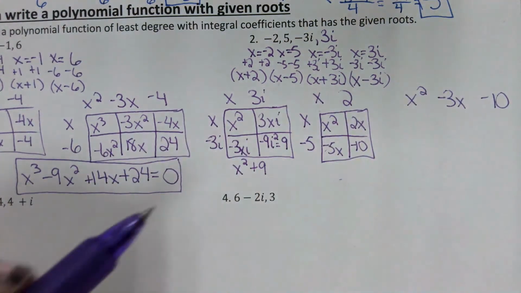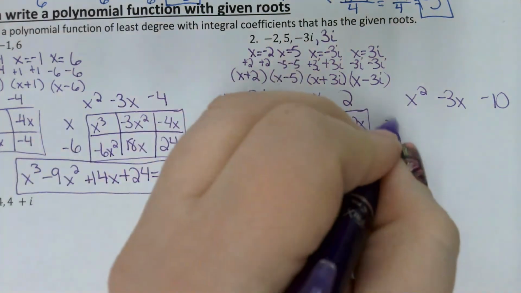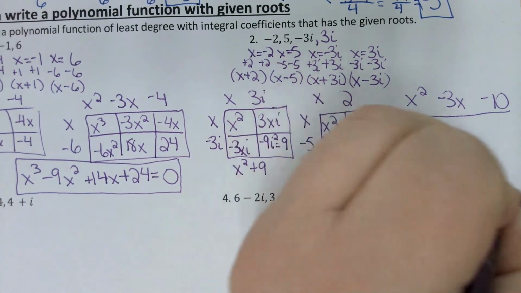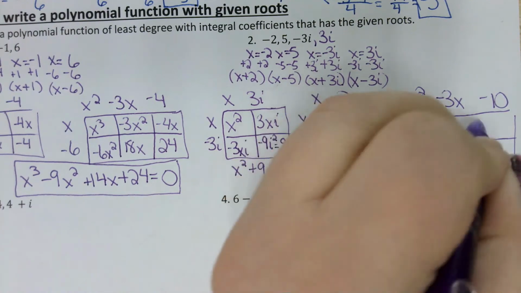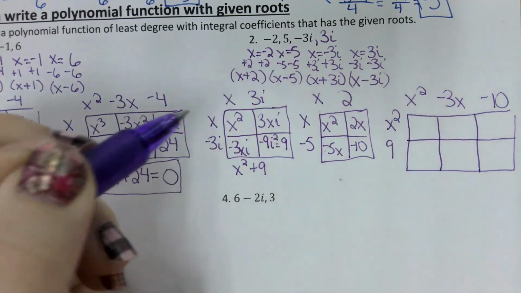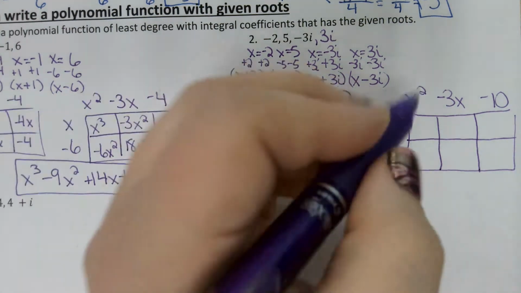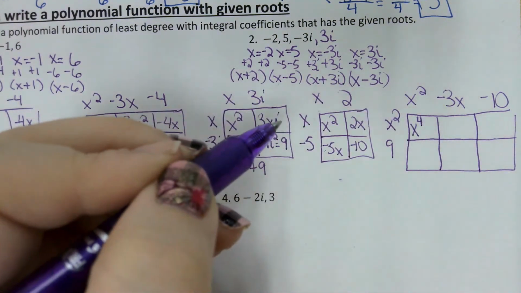And the last multiplication we'll have to do is to multiply it by our x squared plus 9. Now you started with 4 different factors. That means that your degree should be 4 in the end, because remember 4 solutions had a degree of 4. So x squared and x squared, x to the 4th. There it is.